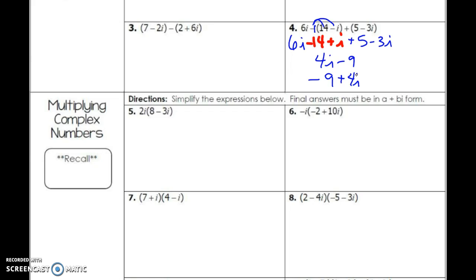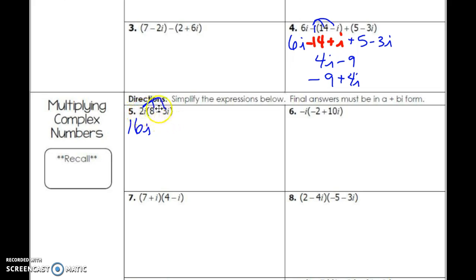All right, let's jump down to the next set. Number 5. So this time we are multiplying these complex numbers. So first of all, we have the pure imaginary number 2i. We're going to distribute that to both parts here. So 2i times 8 would end up being 16i. 2i times negative 3i.